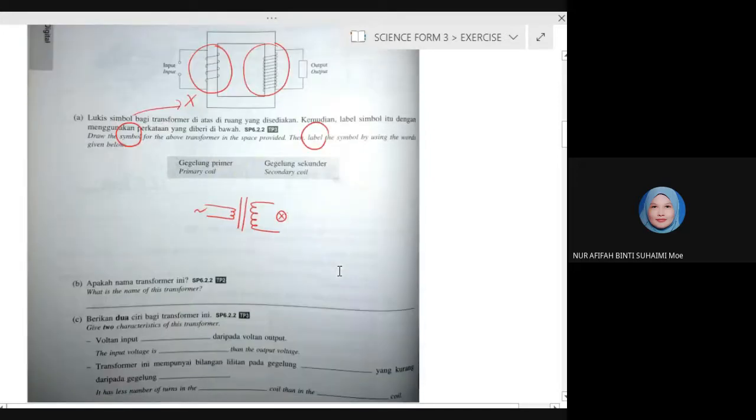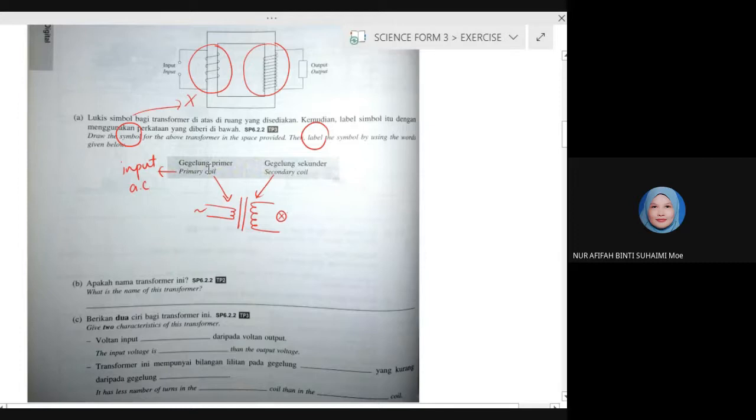And then label. Label which one is primary coil and which one is secondary coil. So I remind you, primary coil must be connected to the input. Primary coil must be connected with input or AC current, alternating current or power supply. Okay.